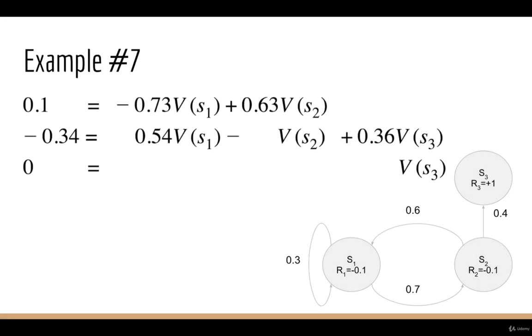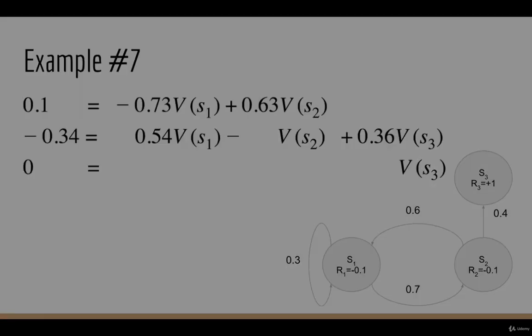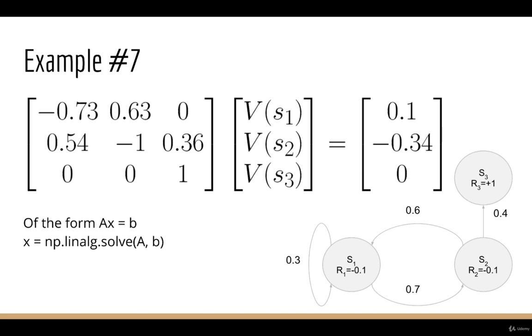The first thing we can do is make this more like a system of linear equations by grouping together like terms and spacing them out appropriately. So we can see that we can neatly separate this equation into 3 parts: a vector containing V of S1, V of S2, and V of S3, a 3 by 3 matrix to multiply it by, and a length 3 vector of numbers that just sits by itself.